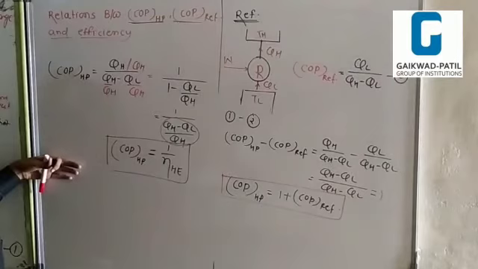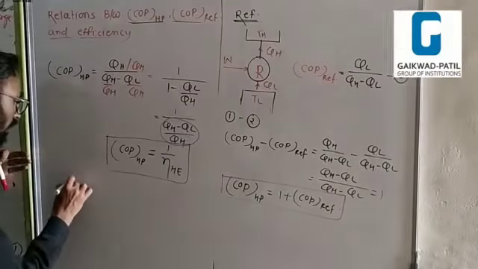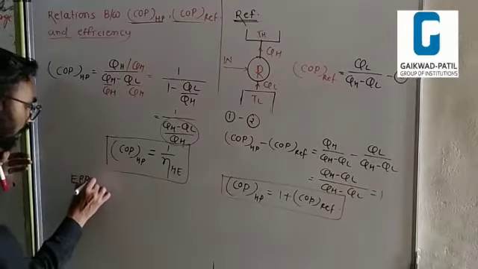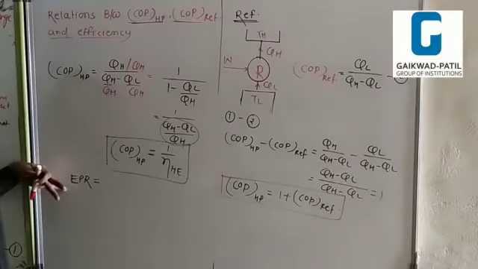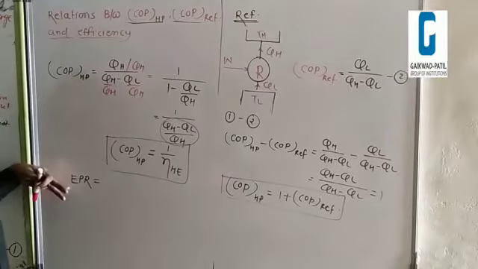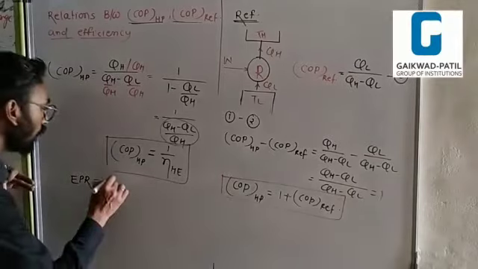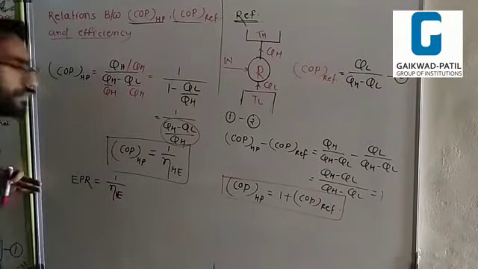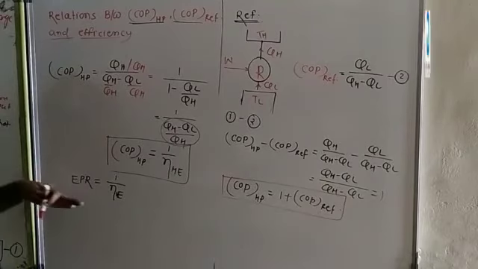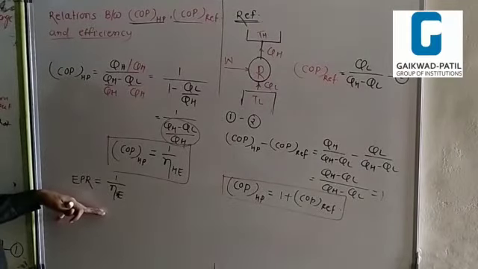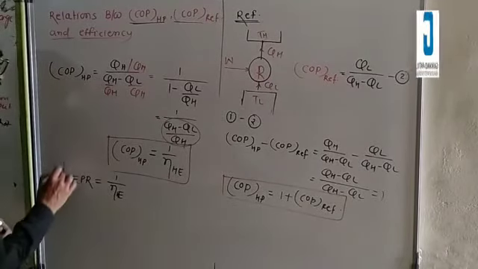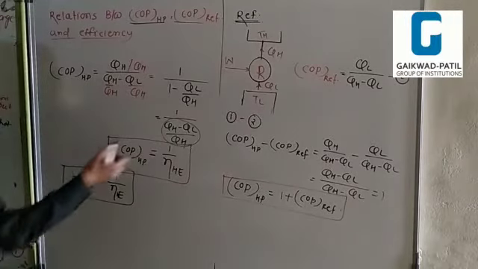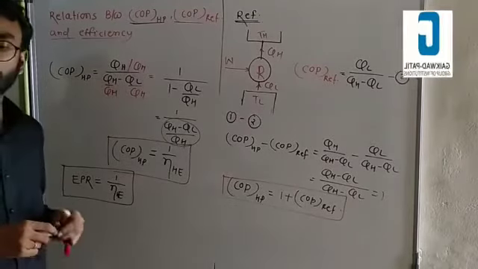Is it clear? Now, the energy performance ratio is equal to 1 over the efficiency of the heat engine. This is the relation between the efficiency and the COP of the heat pump.